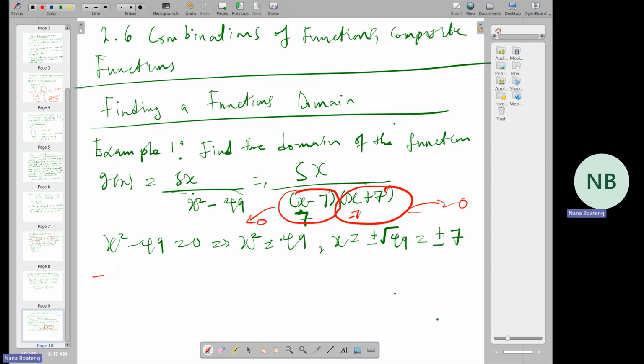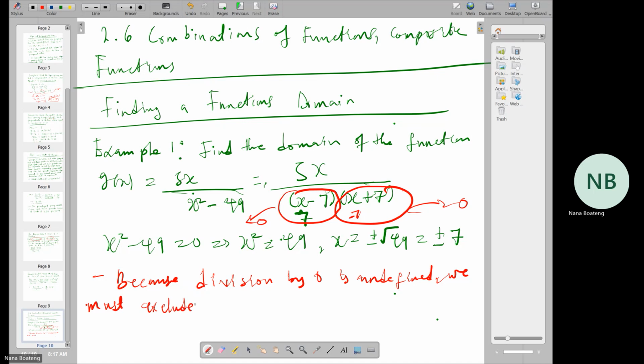Because division by 0 is undefined, we must exclude them from the domain.